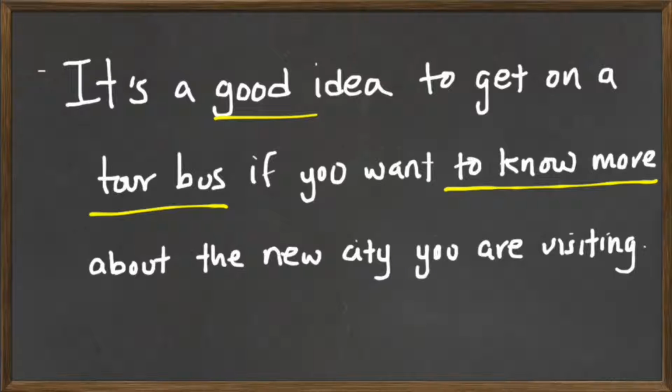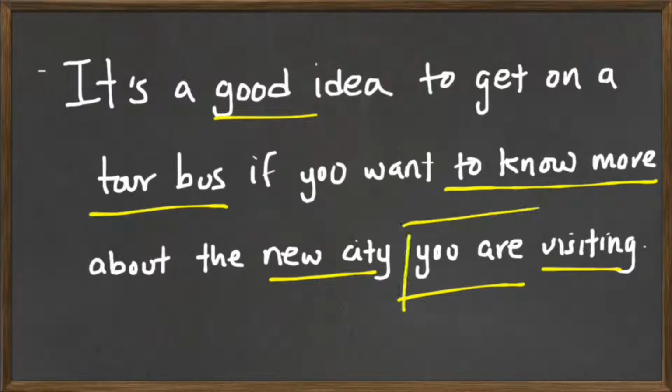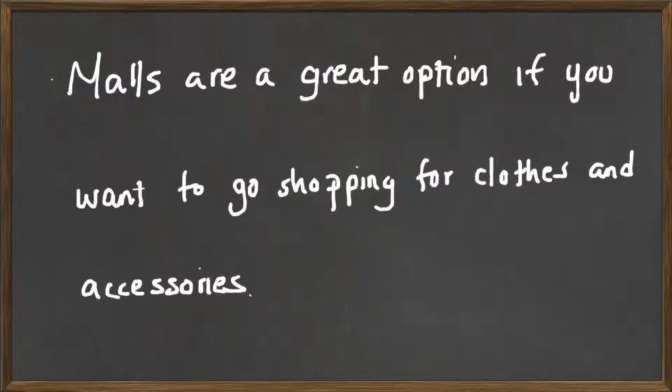Remember that present continuous. We're looking at an example here. And another example: malls are a great option if you want to go shopping for clothes and accessories. This is something that I already mentioned. And here we have the word we just learned.